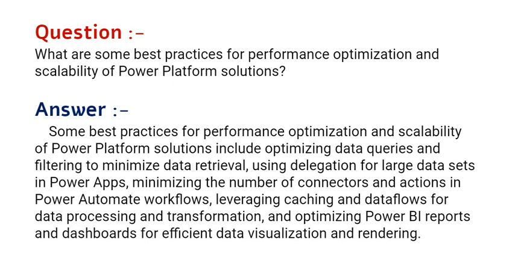Your answer should be, some best practices for performance optimization and scalability of Power Platform solutions include optimizing data queries and filtering to minimize data retrieval, using delegation for large data sets in Power Apps, minimizing the number of connectors and actions in Power Automate workflows, leveraging caching and data flows for data processing and transformation, and optimizing Power BI reports and dashboards for efficient data visualization and rendering.